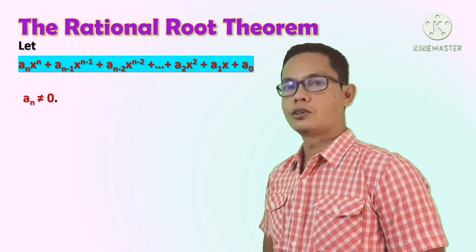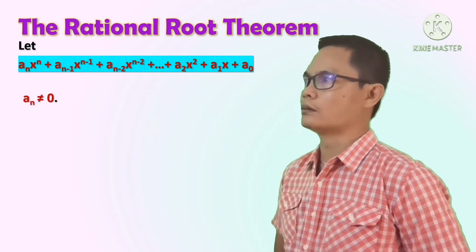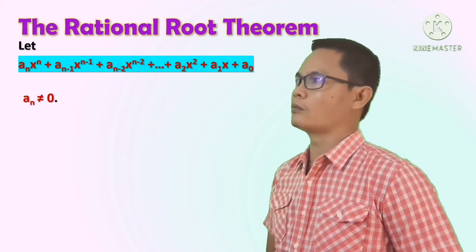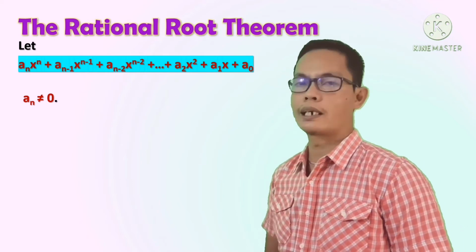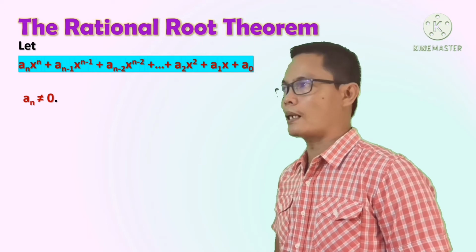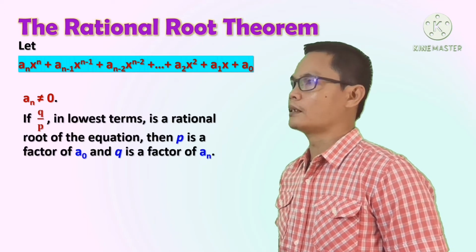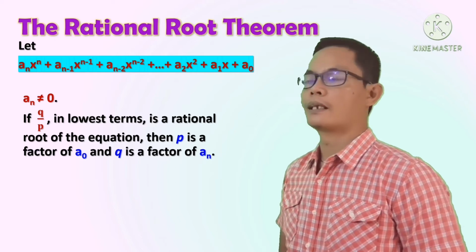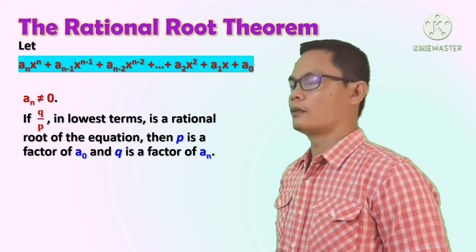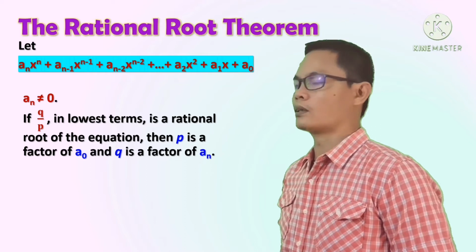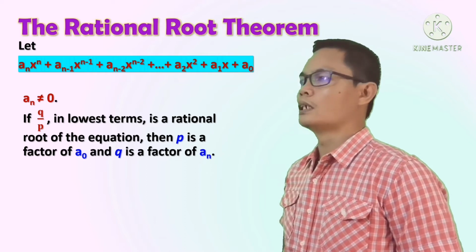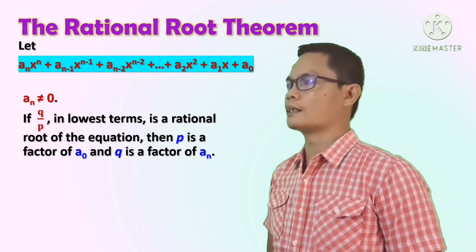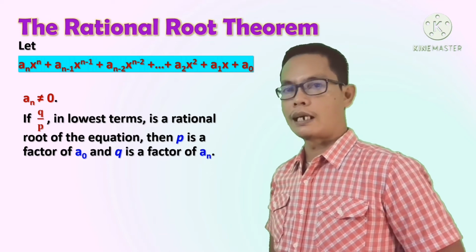A sub n should not equal 0 because if the value of a sub n becomes 0, then we cannot consider that a polynomial. If q over p in lowest terms is a rational root of the equation, then p is a factor of a sub 0, or the constant term, and q is a factor of a sub n, or the last term.